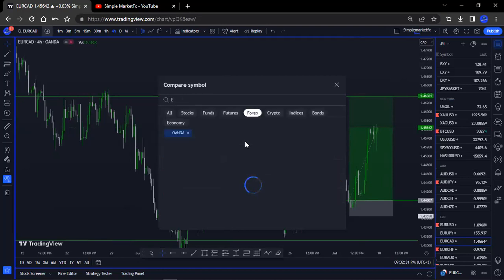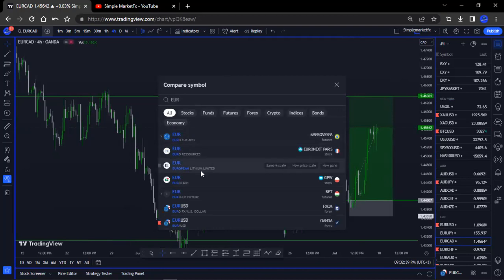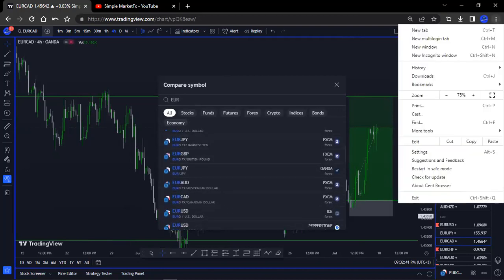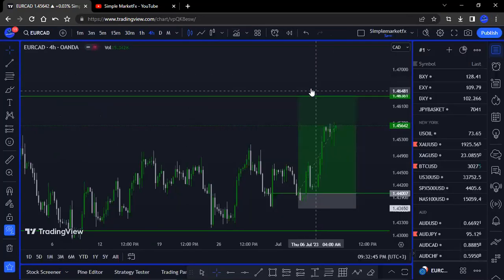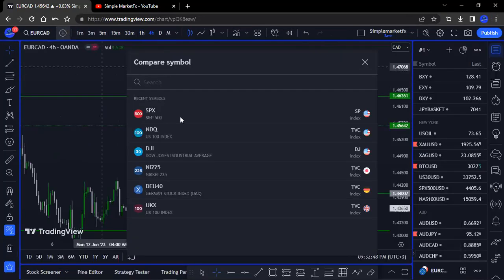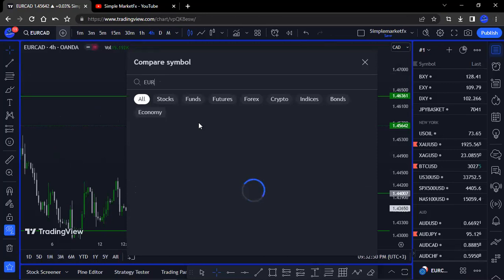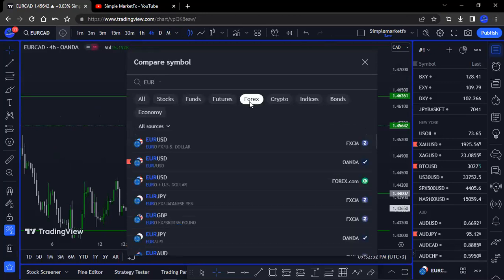Let's look at Euro. So when you search for Euro, we have a lot of Euro pairs, as you can see here. Let me increase the size of this. So let's see Euro, and let's look at Forex. Here we have USD and pairs from different brokers.